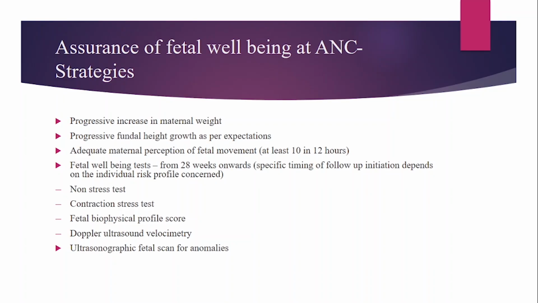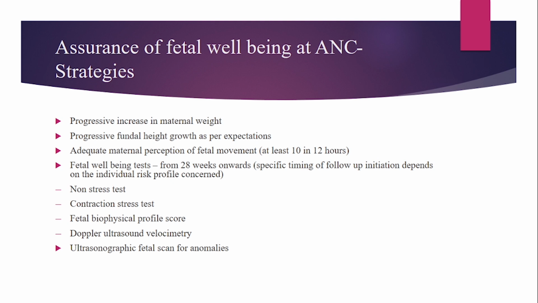However, when you have an abnormality, you may need to carry out some investigations to be sure that the baby is actually doing well. And if the baby is not doing well, you may need to also determine when intervention should take place. Some of these tests include non-stress tests, contraction stress tests, fetal biophysical profile score. You may also need to do Doppler ultrasound velocimetry. It's also very important.